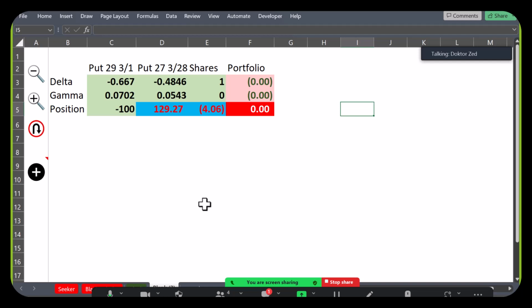Now, if there are whiplashes, yes, I'm going to be hurt on my position, but I'm going to be compensated on my other position, on the whiplash part. As a manager of an option book, this is the minimum you need to do, right?